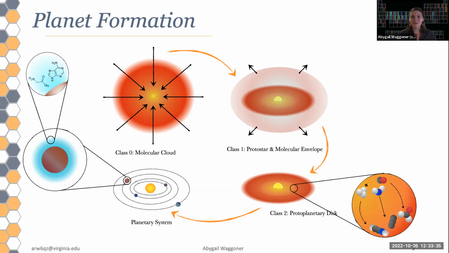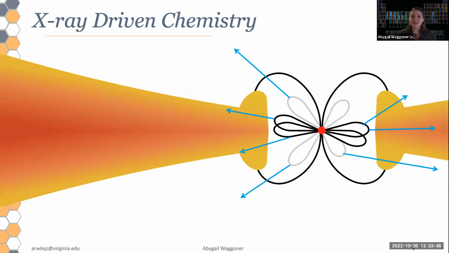What is causing chemistry to occur? What is driving reactions? And it turns out within protoplanetary disks, one of the main drivers of gas phase chemistry specifically is X-rays emitted by the young central star.